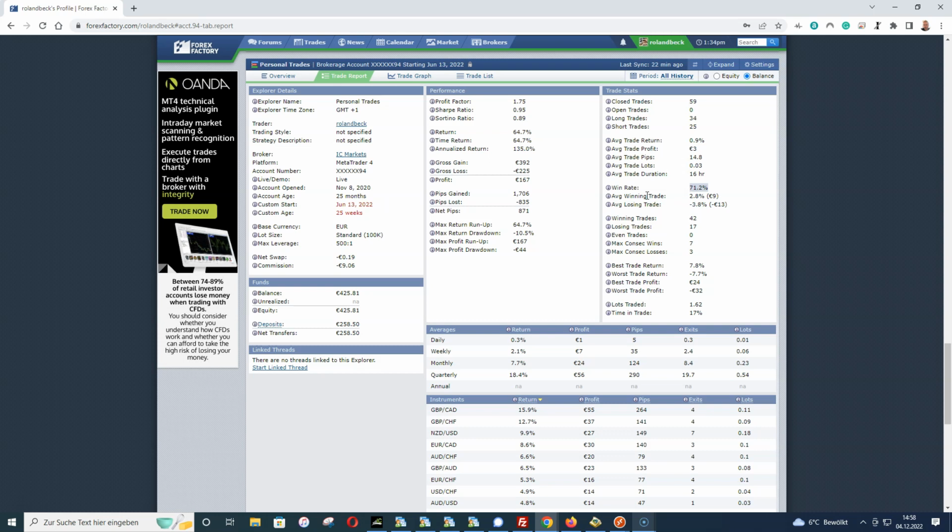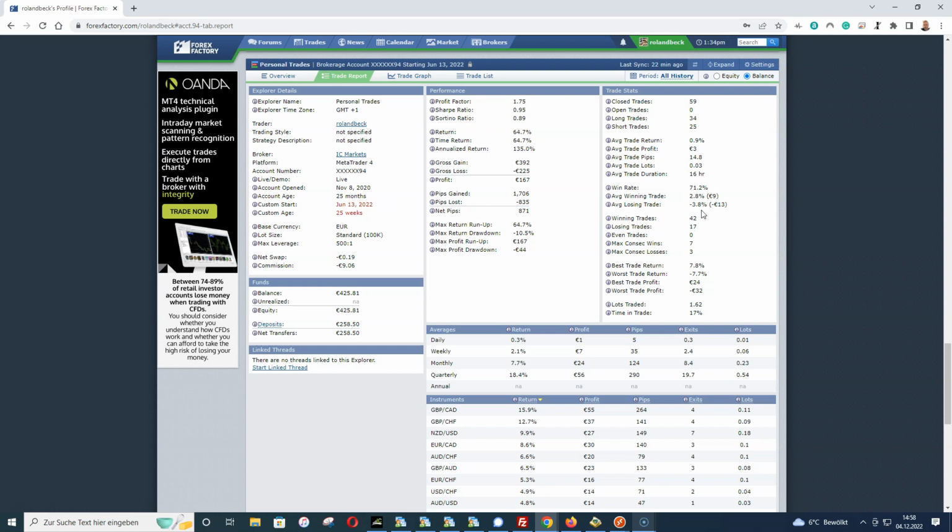And so in average, the winning trade gives me 2.8% gain, and the losers are a little bit higher. You can see a winner by average brings here €9 in profit, and a loser in average brings here -13, which is not a problem with this win rate, because we have a lot more winners than losers.